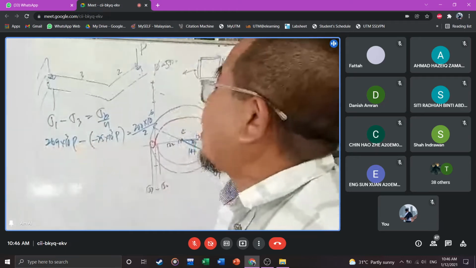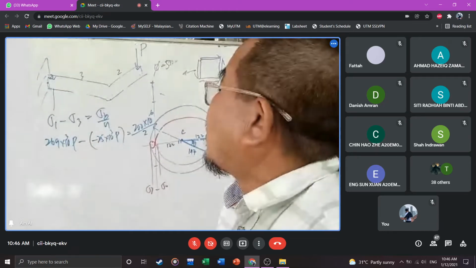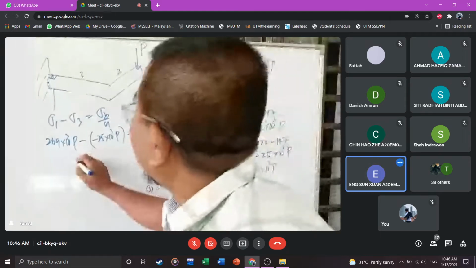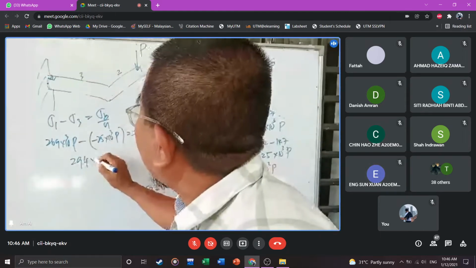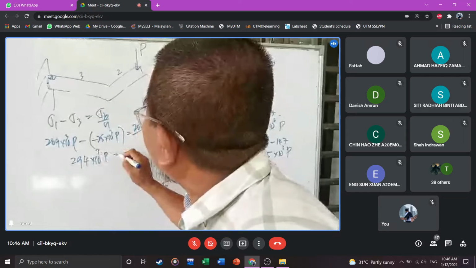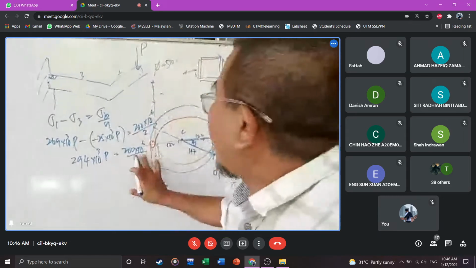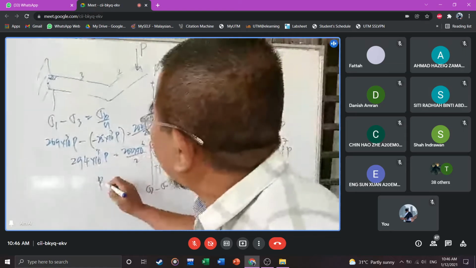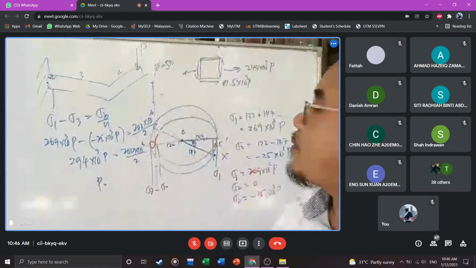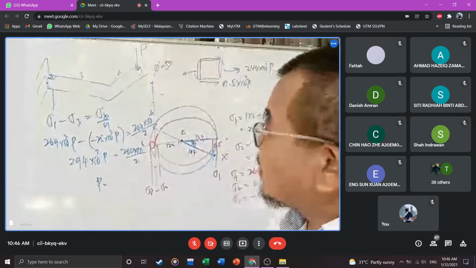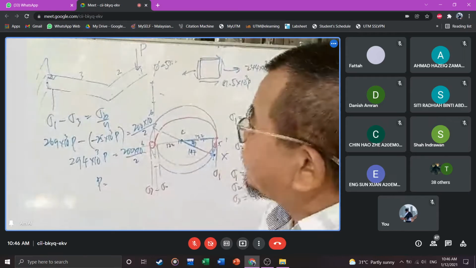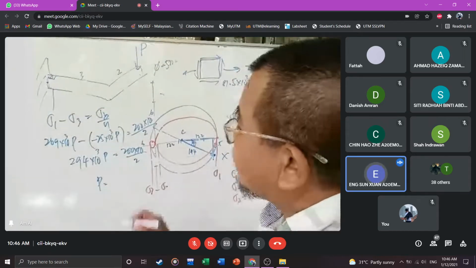269 plus 25, what do we have there? 294. 294 × 10 to the power of 3 P is equal to 210 × 10 to the power of 6 over 2 there. So your P is equal to what? 340.14.